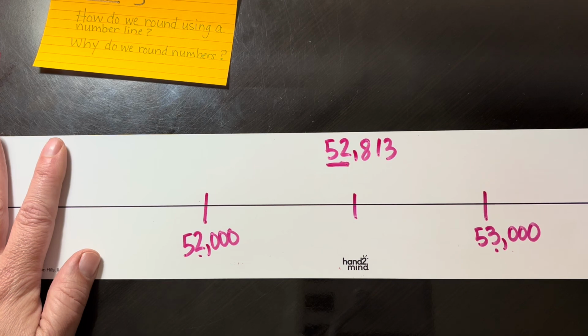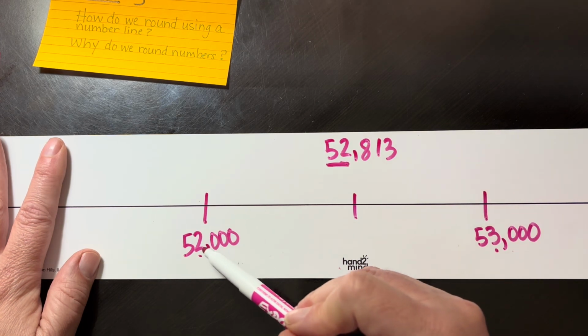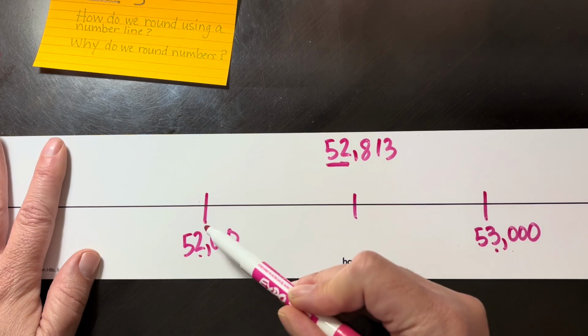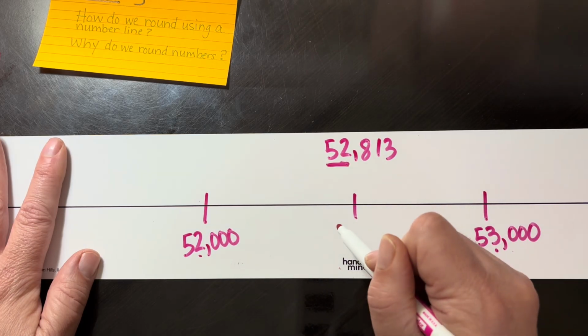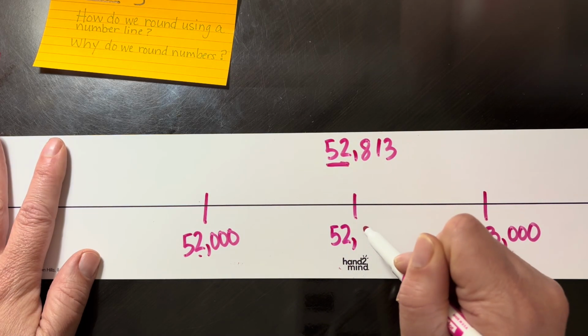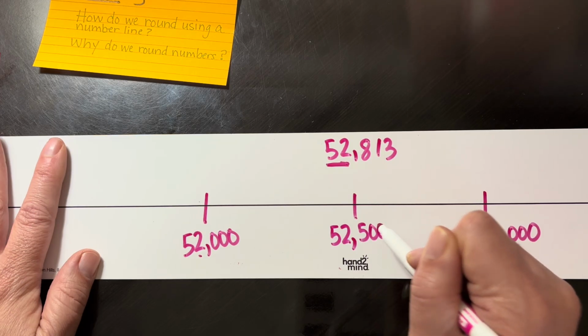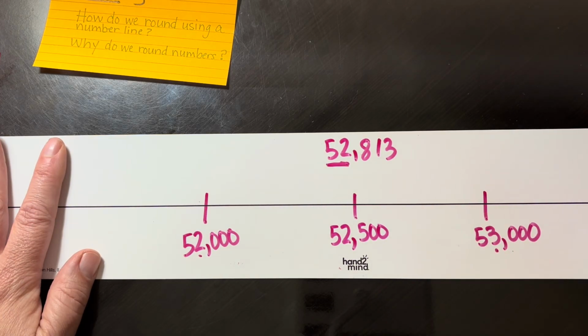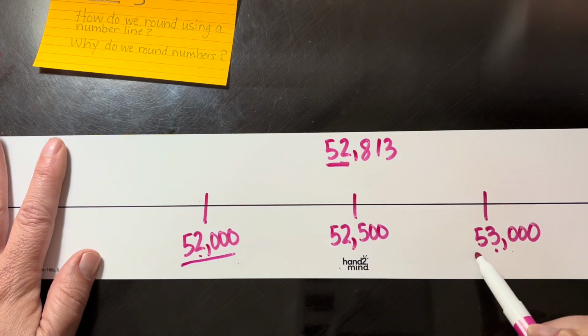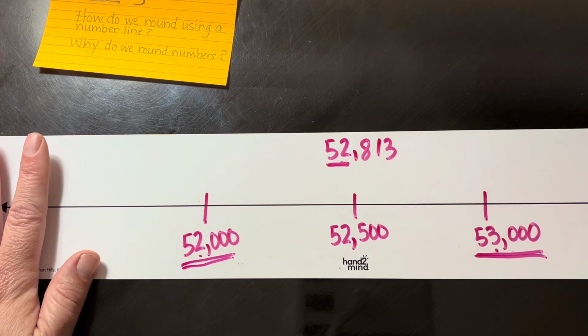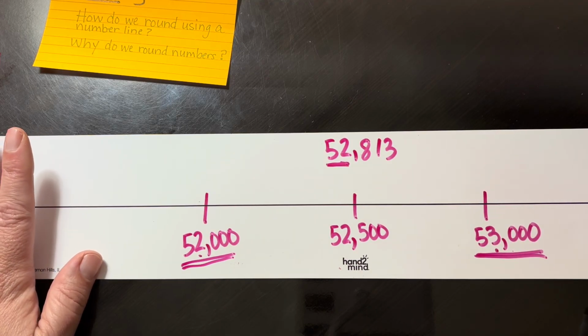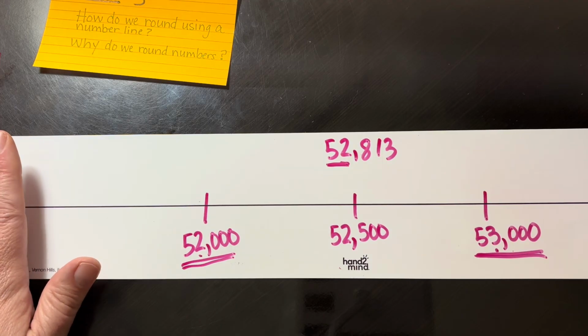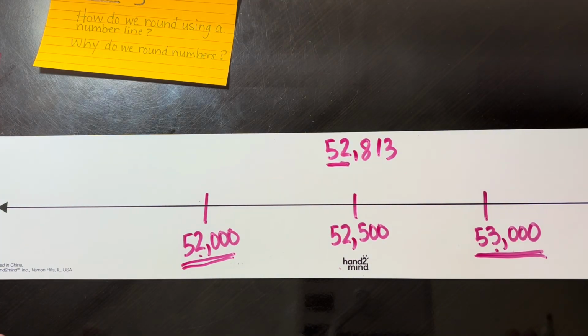You might have remembered that the next step is to find the benchmark. This is a leap of 1,000, so that makes this a leap of 500. If I add 500 to 52,000, I will get 52,500. This and this, 52,000, 53,000, are my only options. It can only be one of those two solutions. So when we use a number line, we help students narrow down their choices to just two choices.